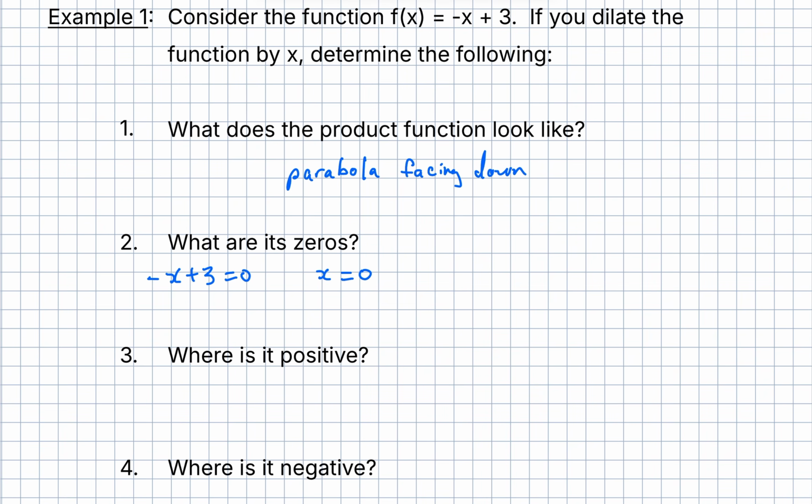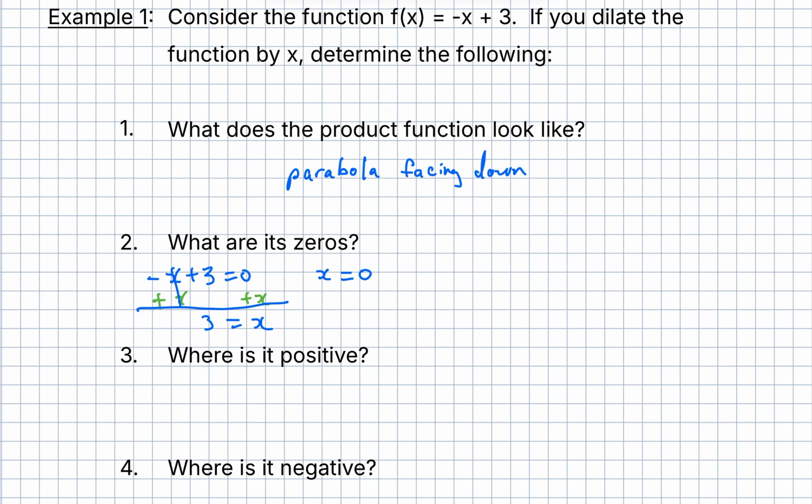Now if we solve for x, we're going to add x to both sides. And when we add those together, these cancel out, and now 3 is equal to x. For this second equation, there's nothing that needs to be solved because we're told that x is equal to 0.